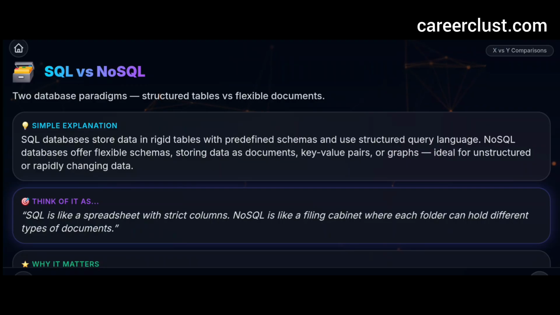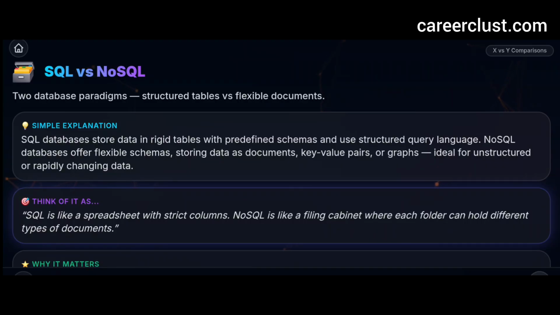So, in simple words, two database paradigms: structured tables versus flexible documents. With a simple explanation, SQL databases store data in rigid tables with predefined schemas and use structured query language.